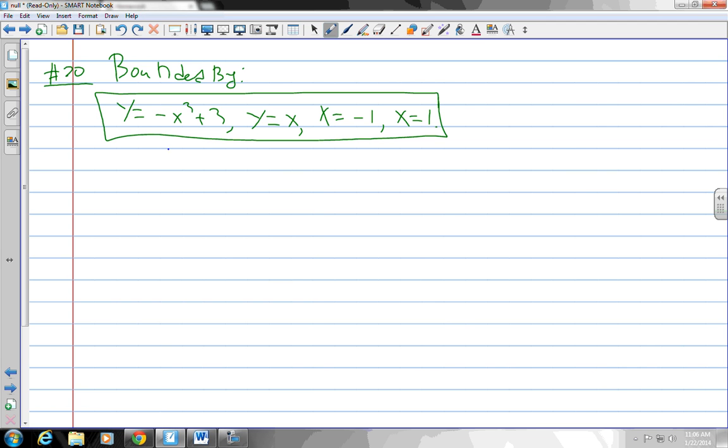So we kind of have 4 curves. We have a negative cubic plus 3. So it looks like this. This is the cubic.